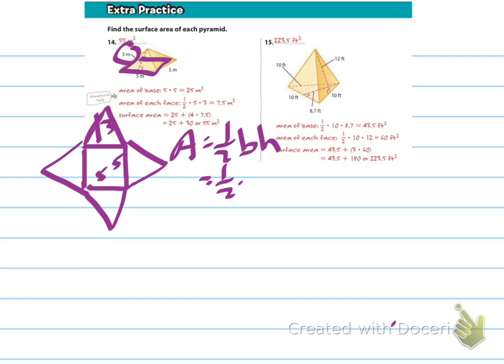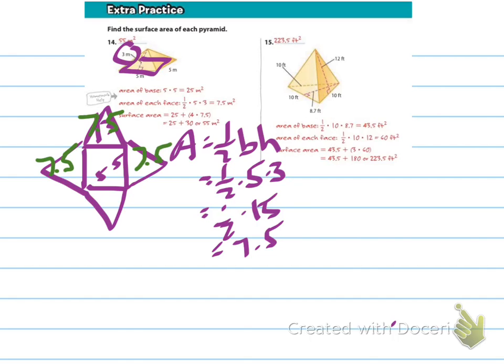So 1/2 of base, which is 5, times height, which is 3, so 1/2 of 15 is 7.5. And so each of these is 7.5 meters squared.